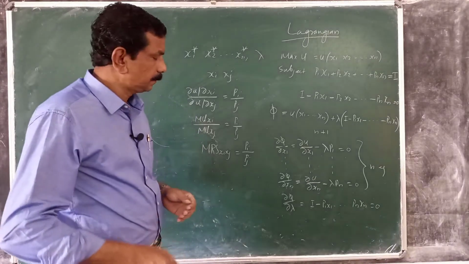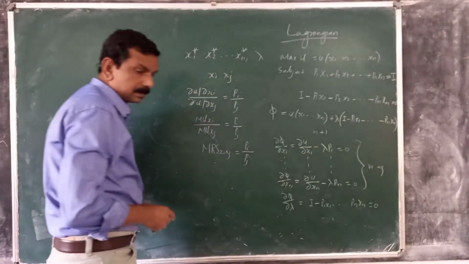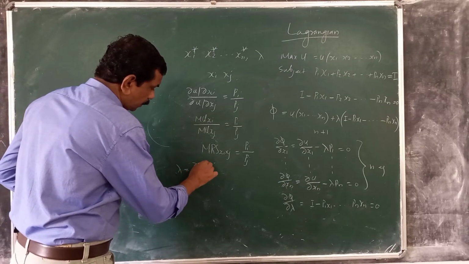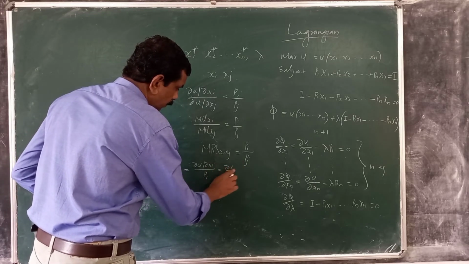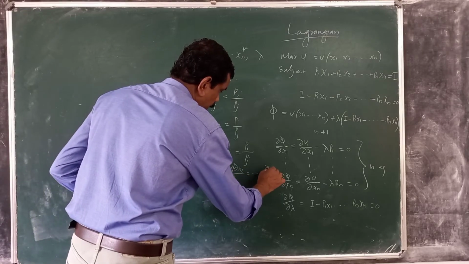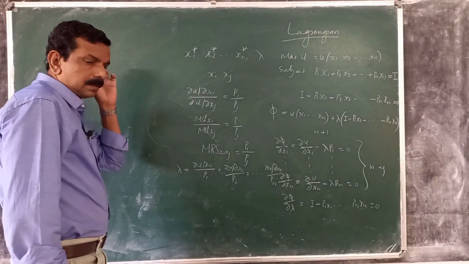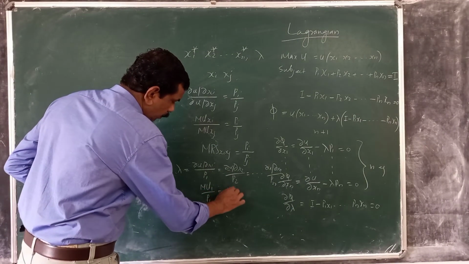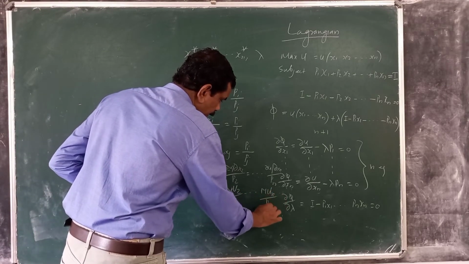Now, what is lambda? From these equations, lambda can be derived as lambda is equal to dou u by dou x1 by P1, is equal to dou u by dou x2 by P2, is equal to etc., dou u by dou xn by Pn, and that is equal to MU1 by P1 equal to MU2 by P2 equal to MUn by Pn.